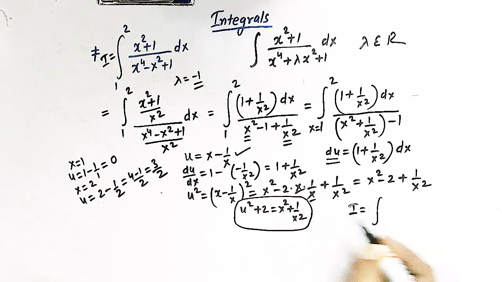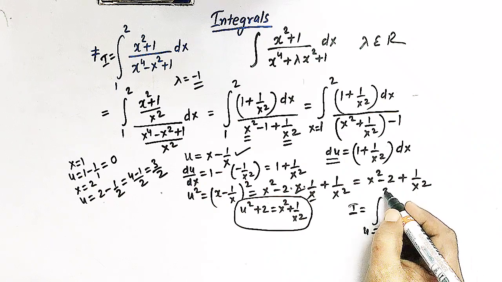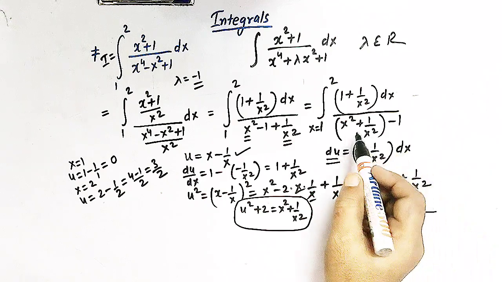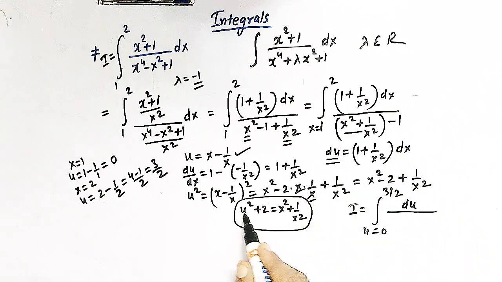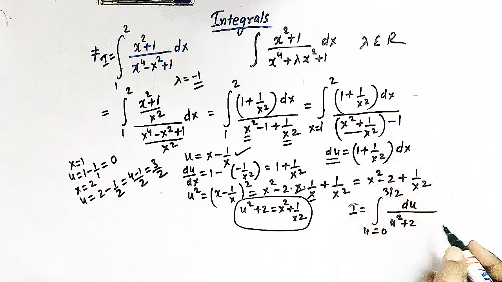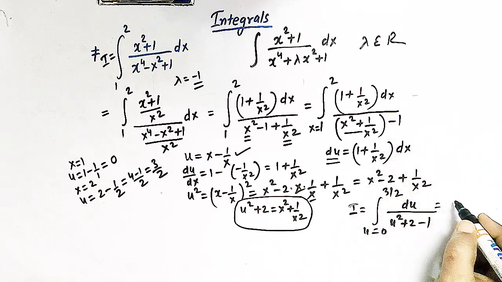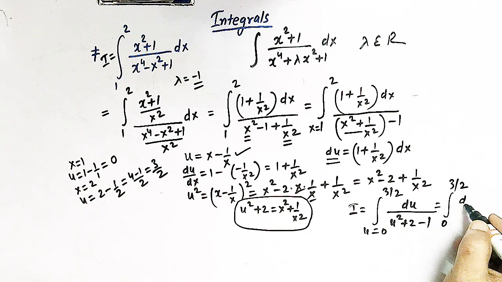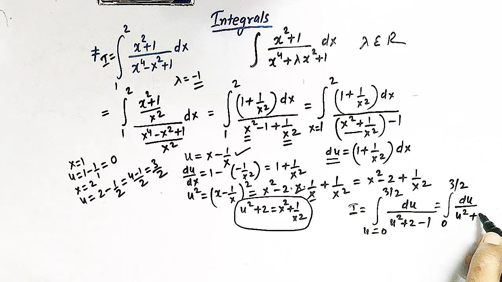So now we can rewrite this integral, that is I, in terms of u. We can now write the limits from 0 to 3 by 2, and in the numerator we have du, and in the denominator this term is equal to u square plus 2, and here we have minus 1. So we can now write 0 to 3 by 2, and here we have du over u square plus 1, since 2 minus 1 is 1.